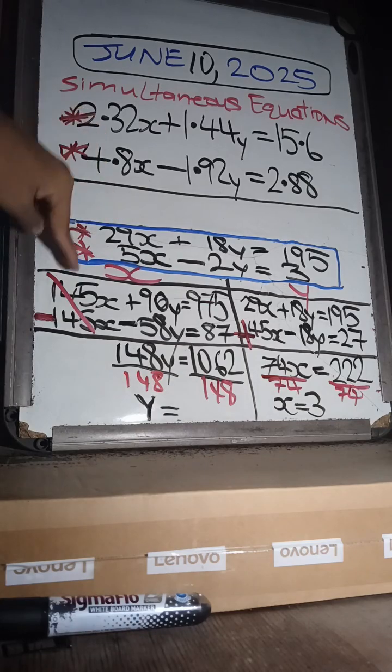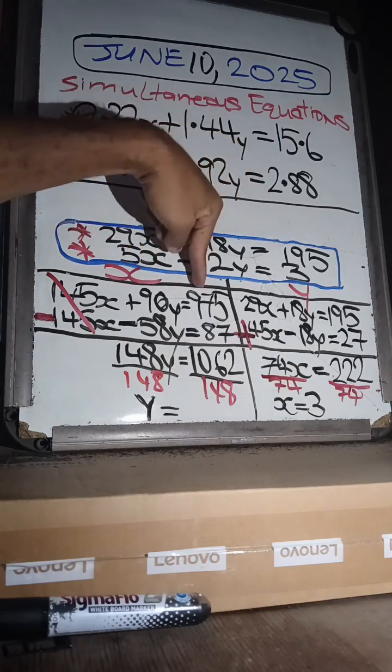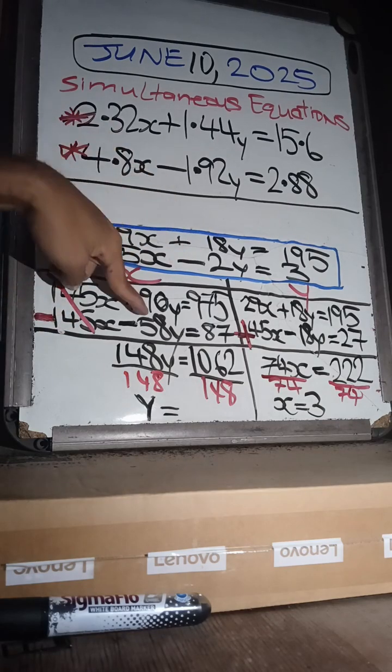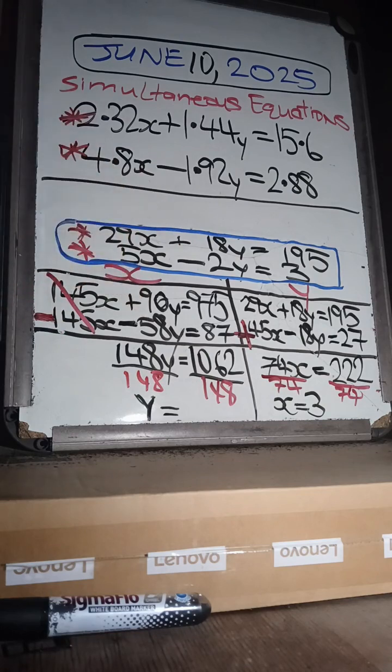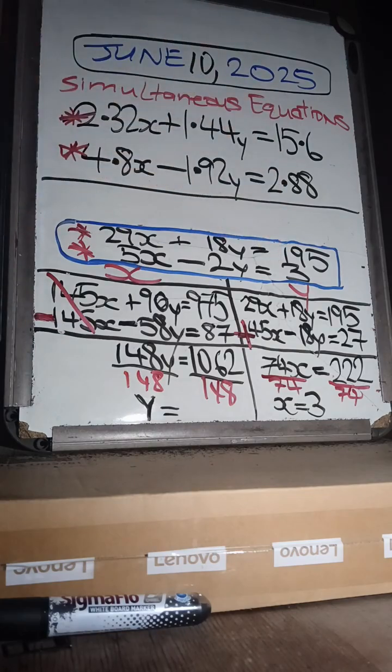29 times 5, 145. 18 times 5, 90. This times 5, that. Alright? This times 29, 145. This times 29, 58. This times 29, 87.